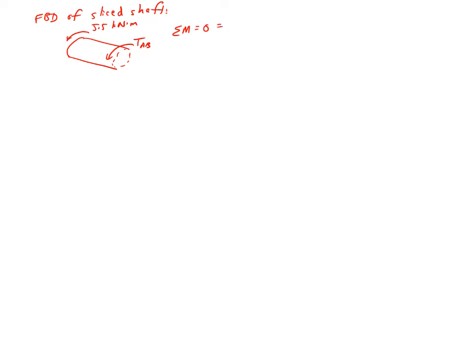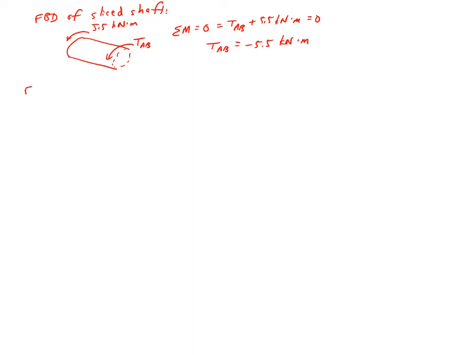So TAB plus 5.5 kilonewton meters equals 0. So then that means that TAB equals negative 5.5 kilonewton meters. And the fact that it's negative just means that I defined positive in the direction that I drew it there, and it came out the opposite way.